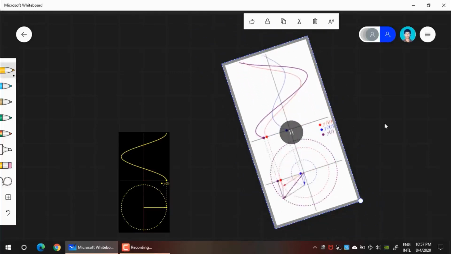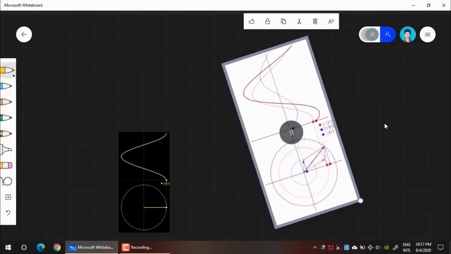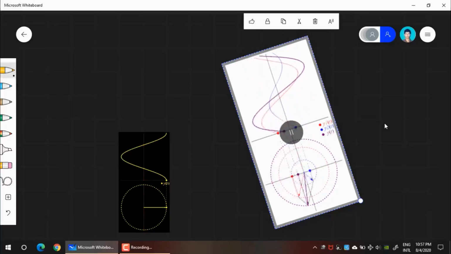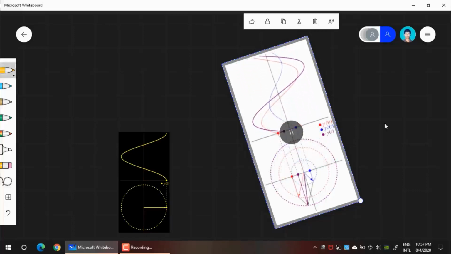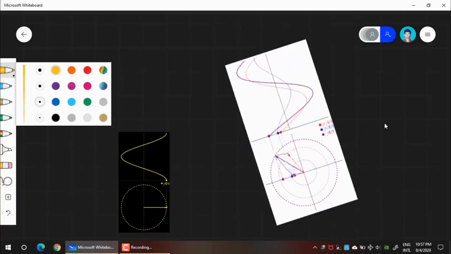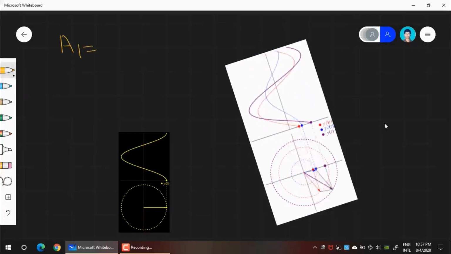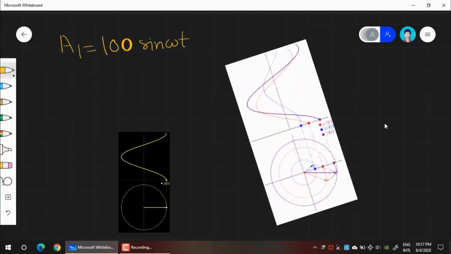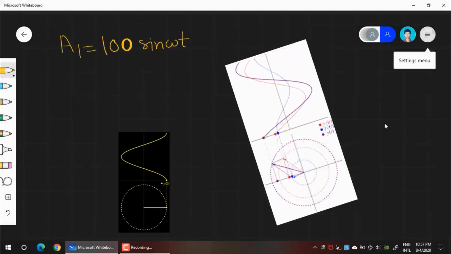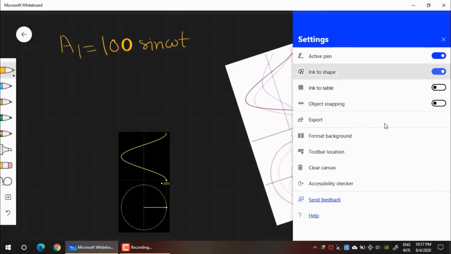Yes. So here the issue is that these sinusoidal waves continuously vary in magnitude and angle with time. What I am trying to say is that if our expression is a1 equals 100 sine omega t, then this 100 sine omega t depends on t.